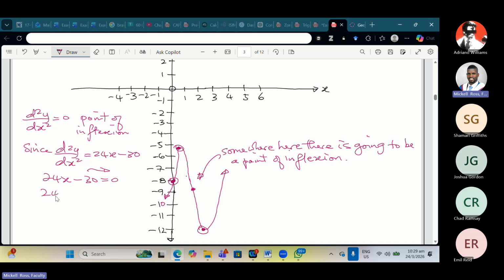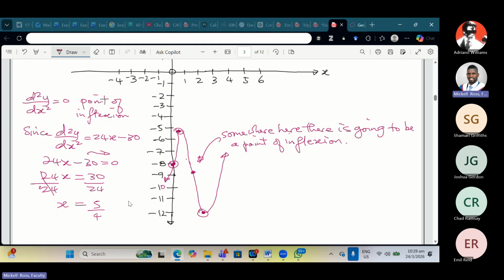Solve for x: x equals 30 divided by 24, so x is equal to 5/4. So this is the x value of the point of inflection. We just find the x value of the point of inflection.